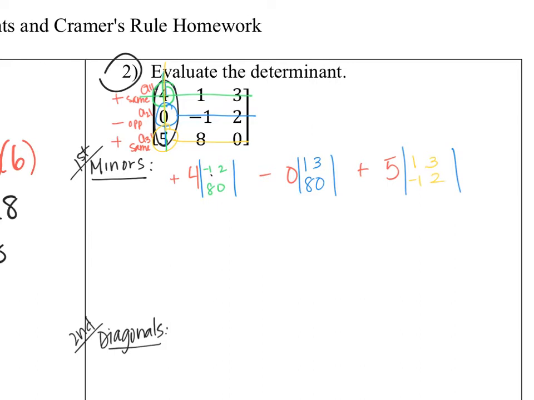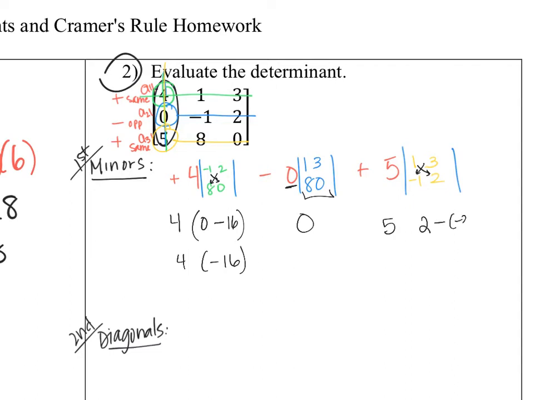So we need to find those little determinants. -1 times 0 is just 0, minus 2 times 8, which is 16, and then we multiply that by 4. So it's really 4 times -16. For the next one, we're looking at 0 times that determinant, so that's just 0 and we don't have to do any work there. And then for the next one, we take 5 times 1 times 2, which is 2, minus 3 times -1, which is -3.